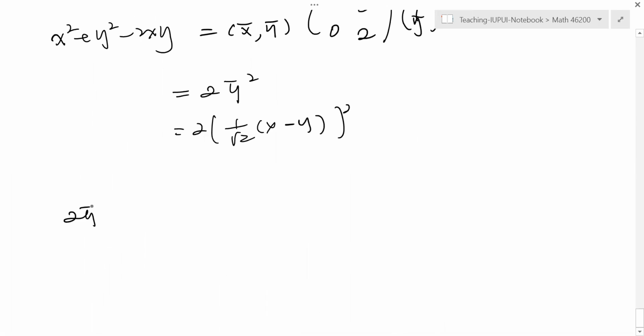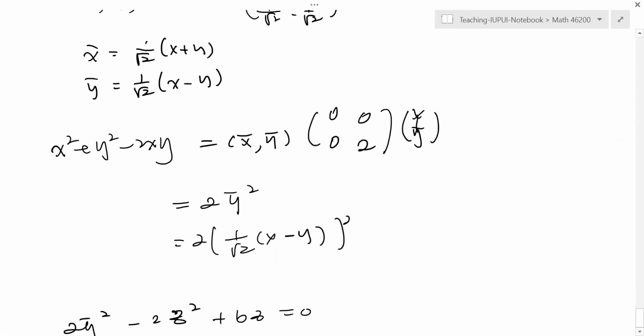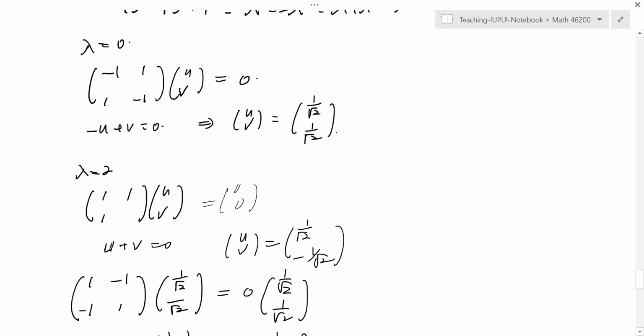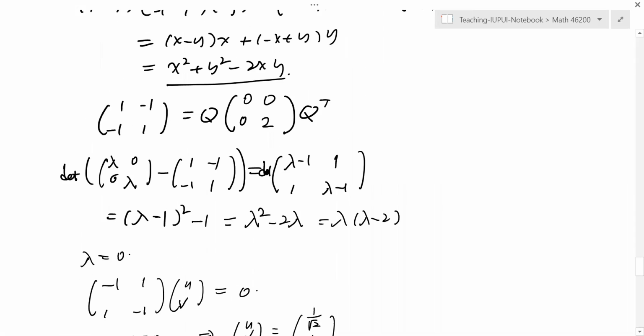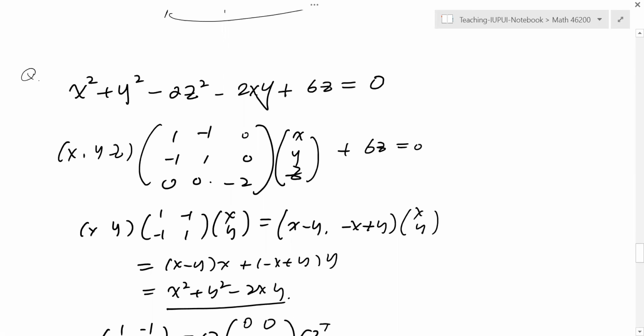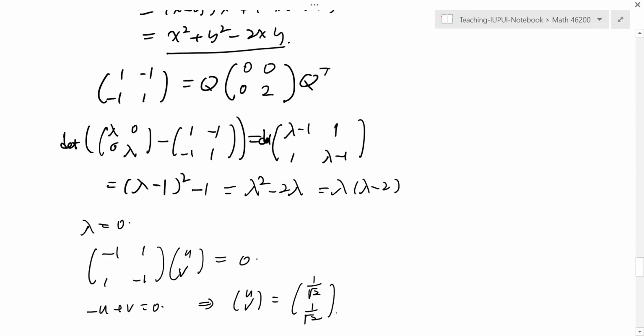So the equation is 2yz squared minus 2z squared. And I forgot the last term, plus 6z, I think. Yeah, plus 6. Right.